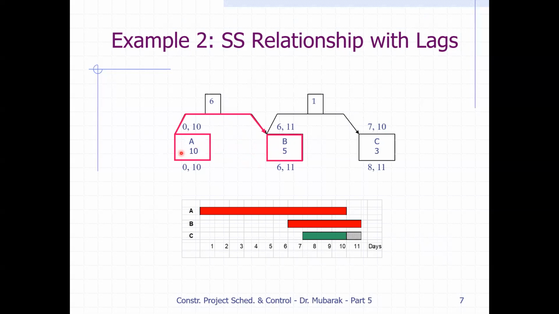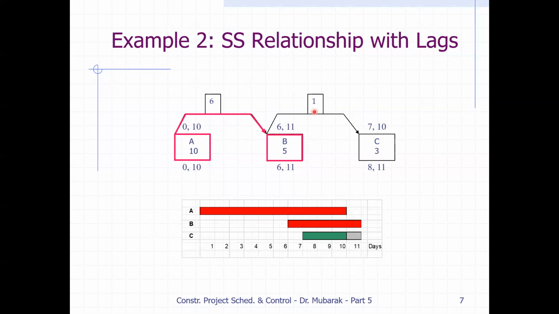However, they can get started at the same time if there is an opportunity to do so. But for the sake of this example, we have the excavation start at day 0. The excavation duration is 10 days, so the early finish is 10 days. Then we give it a lag to B of 6. So B starts at the 6th day with a duration of 5. Then you have 11 days for B for an early finish.